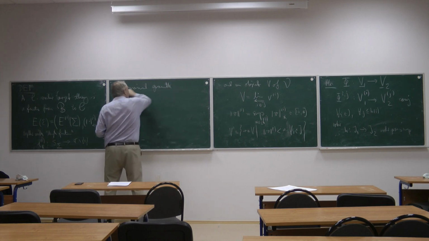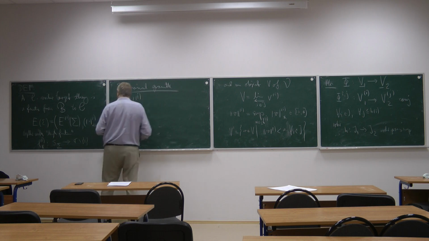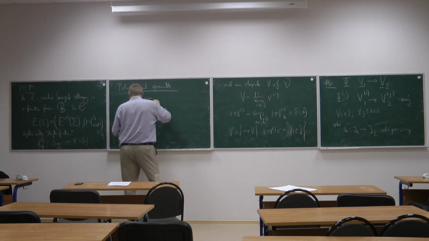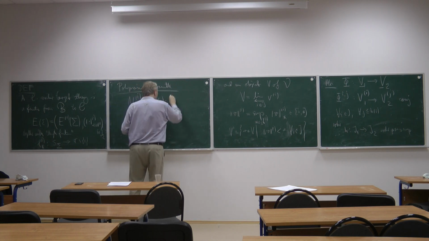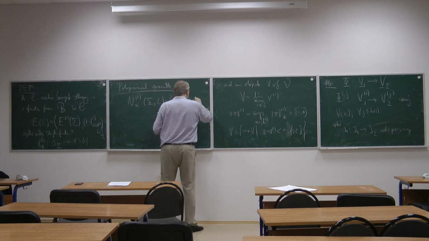The polynomial growth axiom says the following. You define N_{i,alpha}, indexed by the same set as the seminorms, of the surface and L. These are the curves, multi-curves, whose length is no more than L.